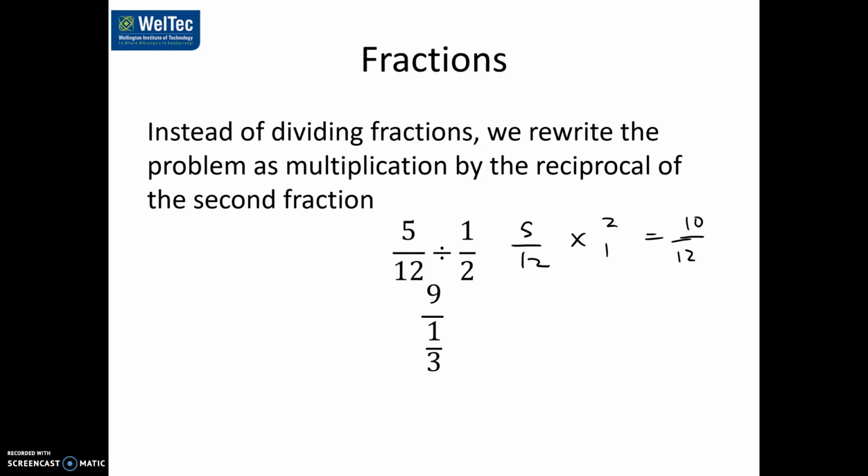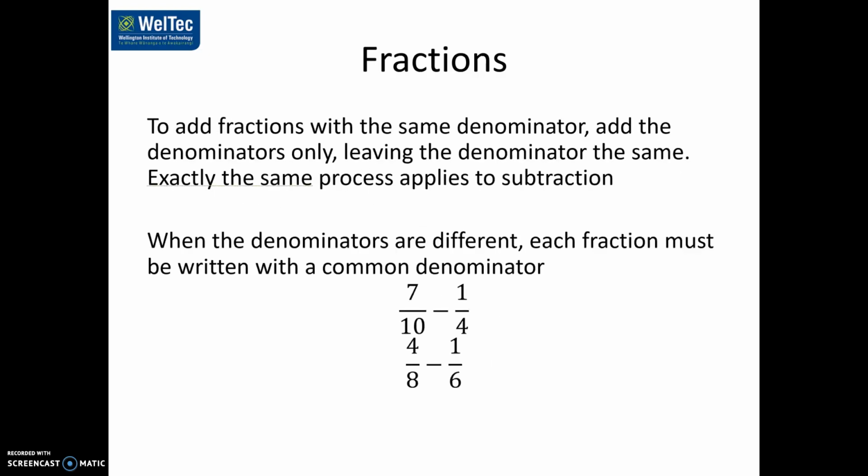What it's actually asking is how many thirds are in 9, how many thirds of a pizza in 9 pizzas. The answer is obviously not 3. So we multiply by the reciprocal and we get 27. So there are 27 thirds of a pizza in 9 pizzas.